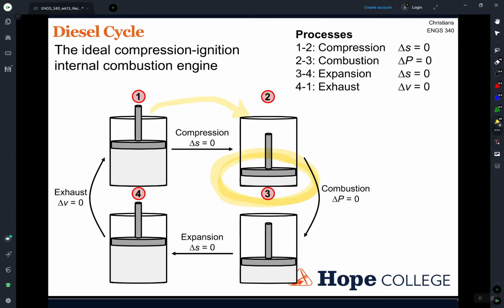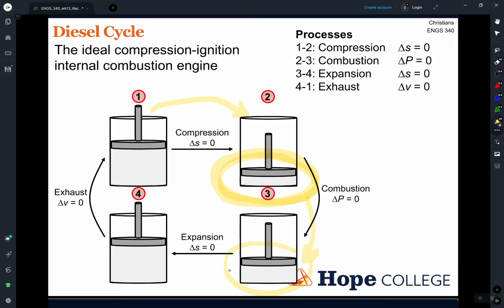Now in a diesel cycle, we have what is essentially a constant pressure process of combustion. So as we combust, the temperature is continuing to go up. The pressure is staying about constant, so that means the volume has to go up. So we have a volume increase, so we're actually getting work out in this process here from 2 to 3.